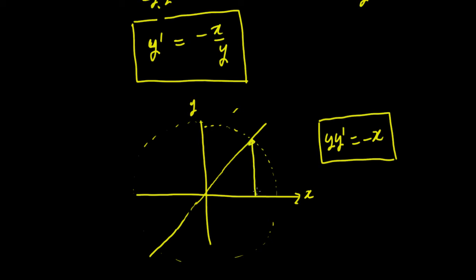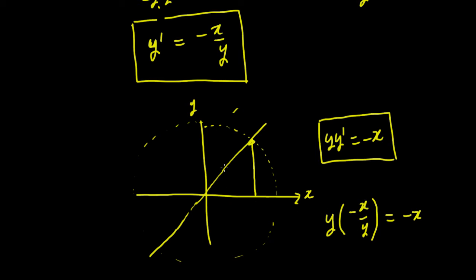Now when we multiply y by something, we have to get minus x. So if I multiply y by minus x upon y, these cancel out and you end up with minus x. That means this term here, y derivative, must equal minus x upon y.